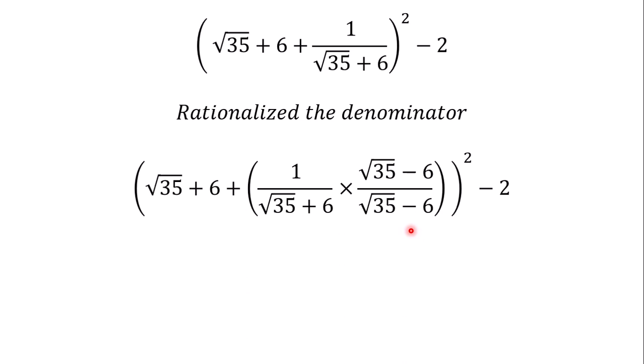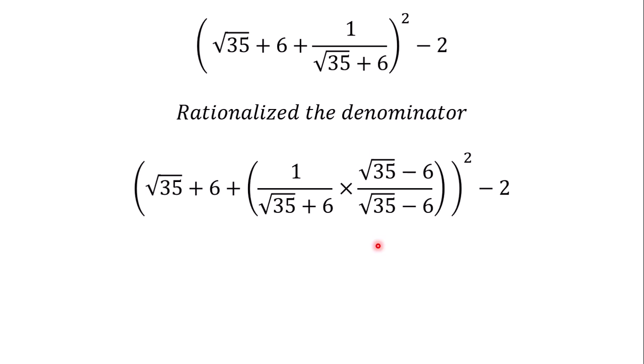Minus 36. So at the end of the day, when you expand, you're gonna get 35 minus 6 root 35 plus 6 root 35 minus 36, because 6 times 6 will give you 36.